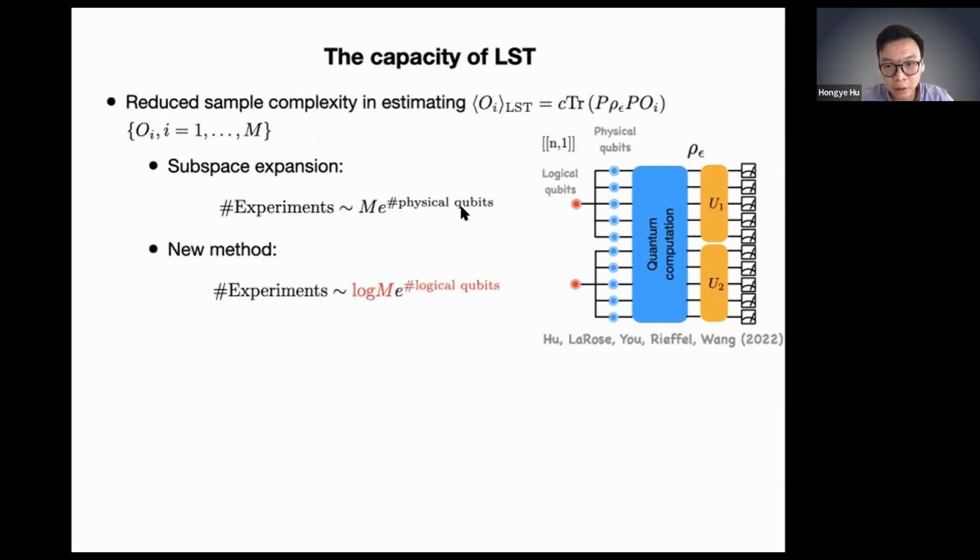But for logical shadow tomography, with the power of classical shadow, in the paper we proved the sample complexity will scale as log M times e to the number of logical qubits. In this cartoon, the number of physical qubits is 10, while the number of logical qubits is just 2. In practice, as you can imagine, that is a great reduction in the sample complexity.